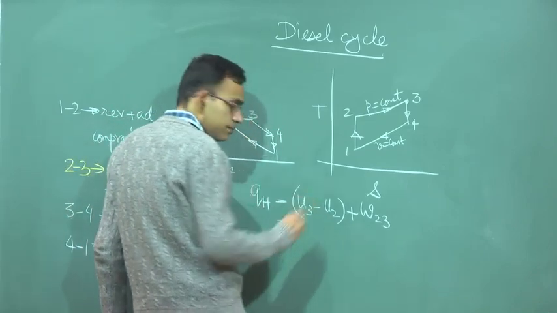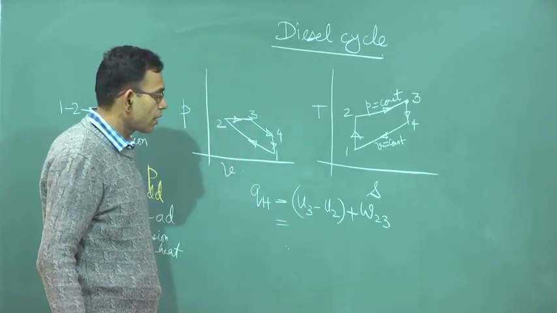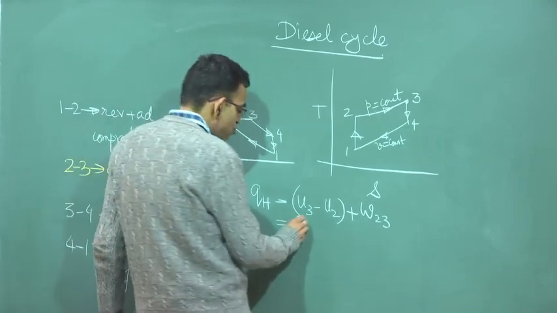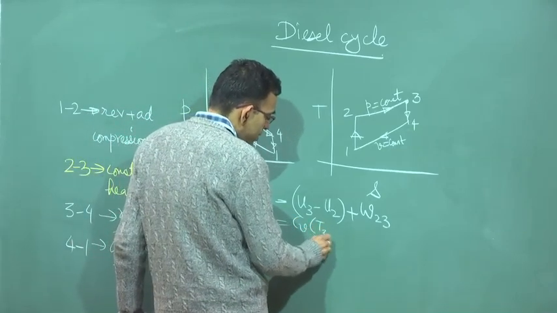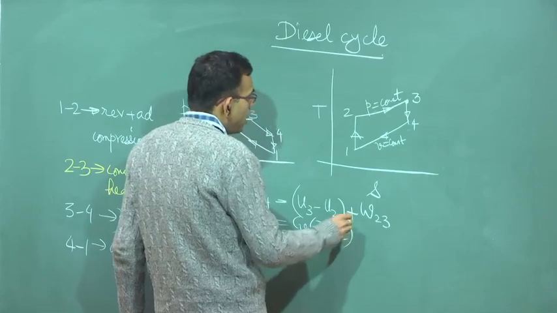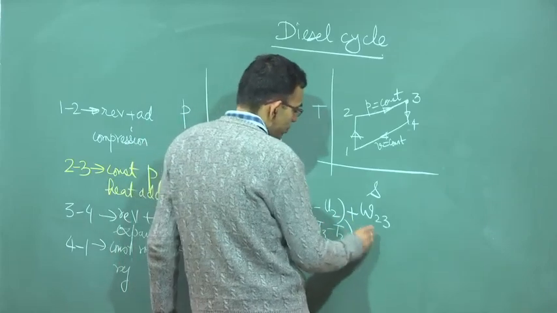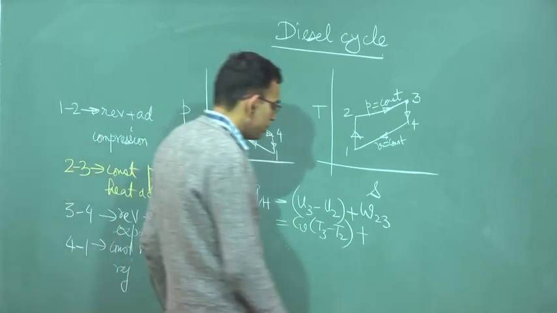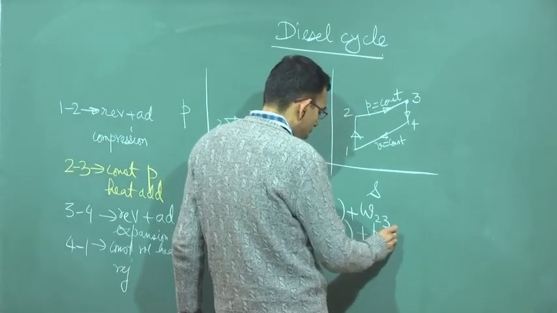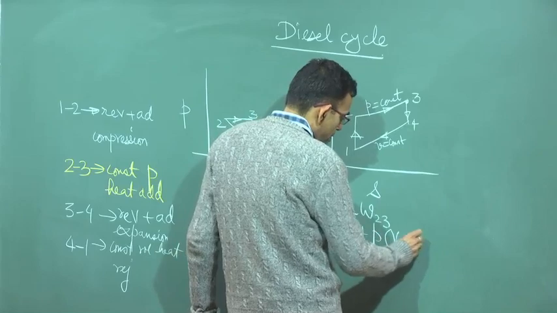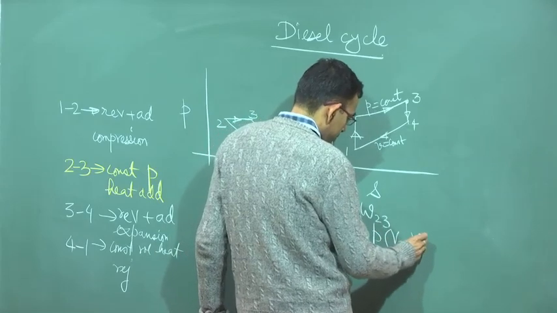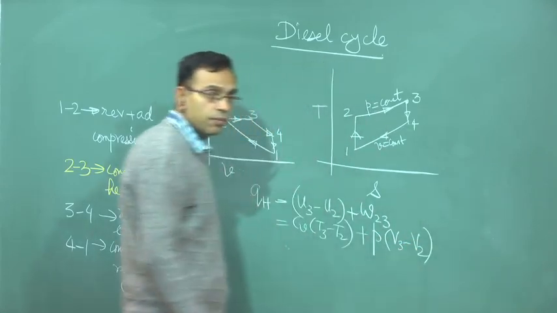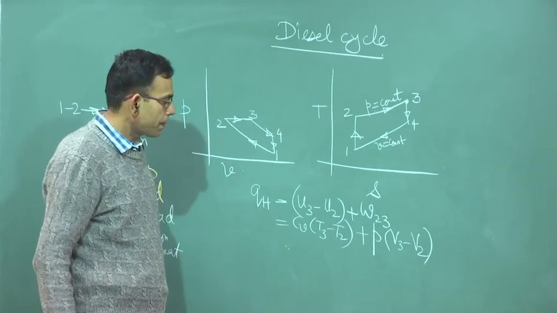So, this will be Cv into T3 minus T2, and what is W23? This is integral PdV from 2 to 3. So, P into V3 minus V2, pressure is constant, right.